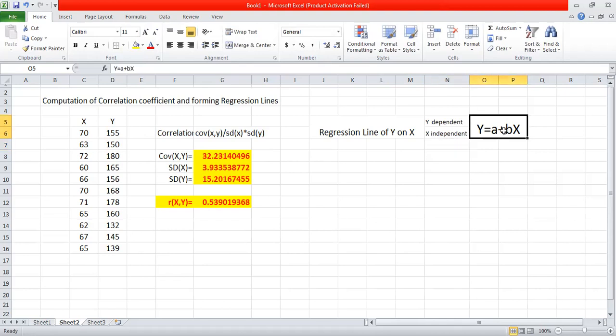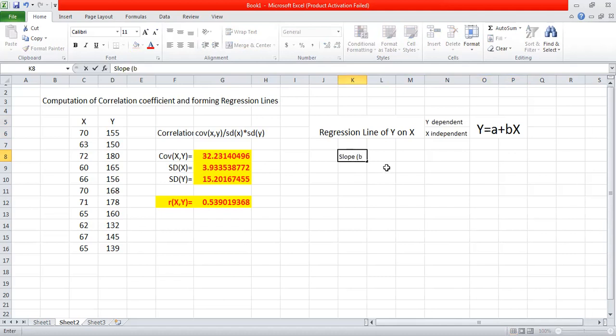Whenever you consider this regression line, what are a and b? A is called the intercept, b is called the slope. So if you want the regression line of y on x, you need a and b values, where a is the intercept value and b is the slope value. Directly by using some functions, we can find the slope and intercept values. First, the slope.